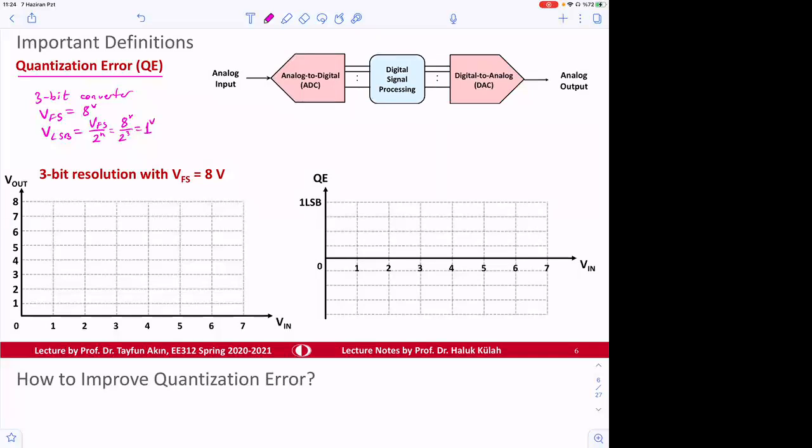Okay. So there is this device, an analog to digital converter, and then we ask that device to make a decision. Like, if the input voltage is 0 volt, okay, let's say this is voltage.